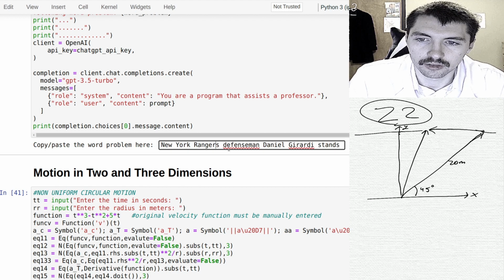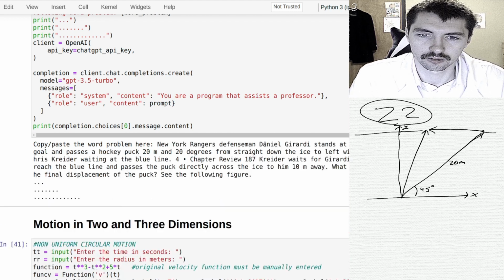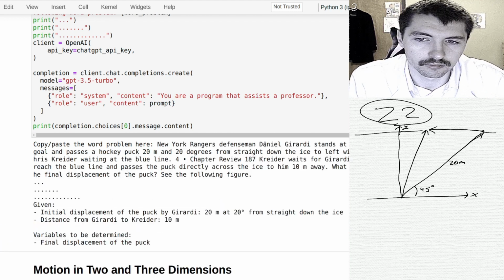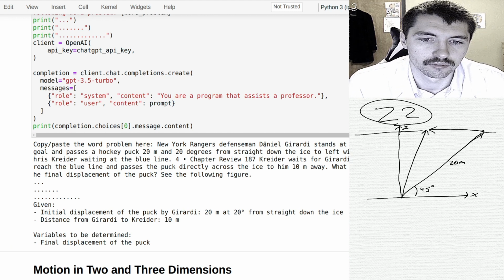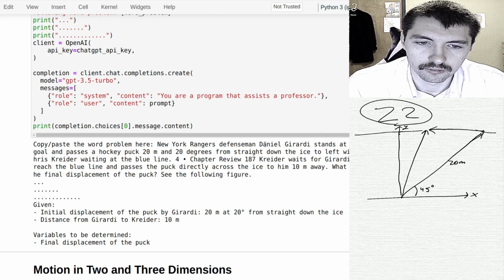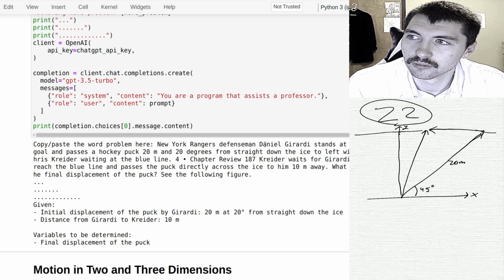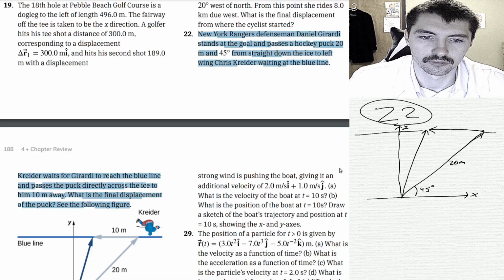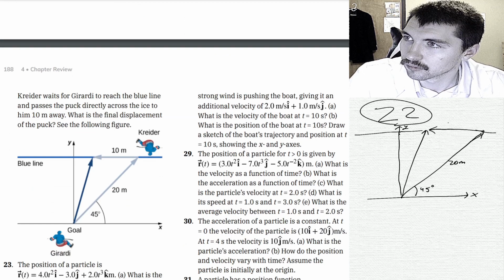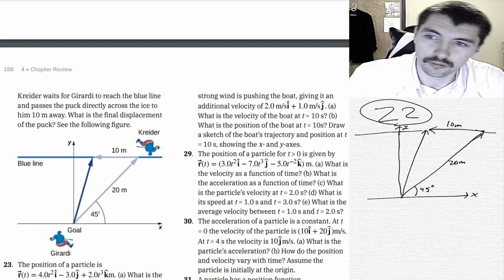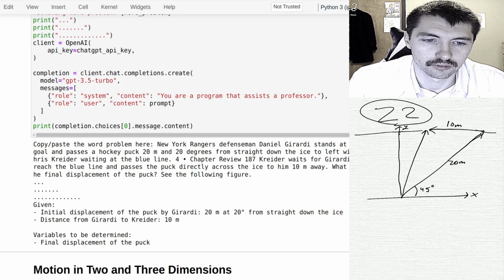Oh, where is it? 20 degrees. So, final displacement of the puck.